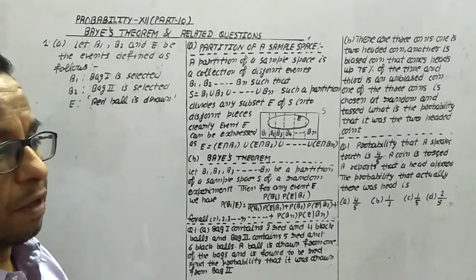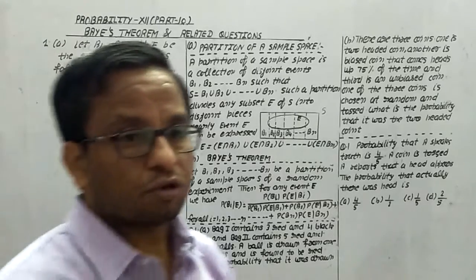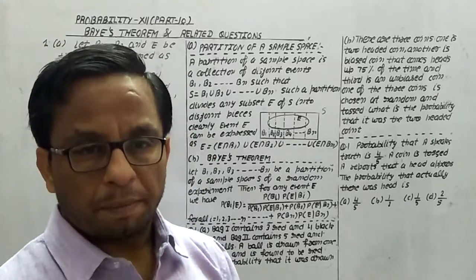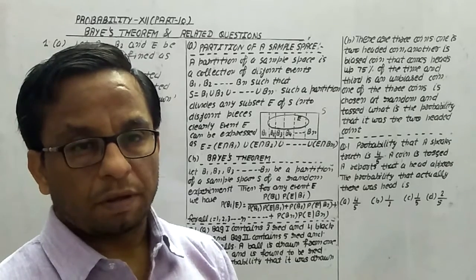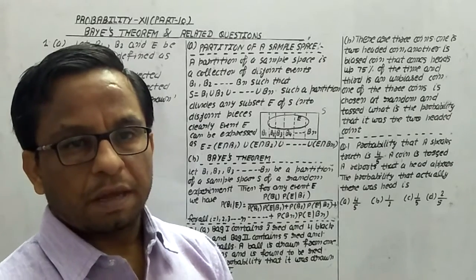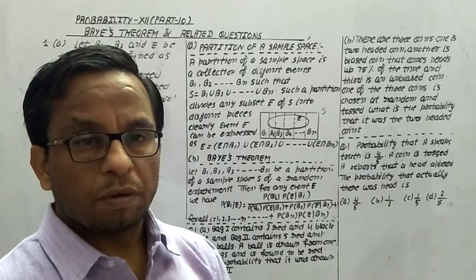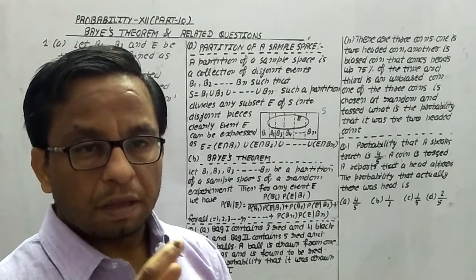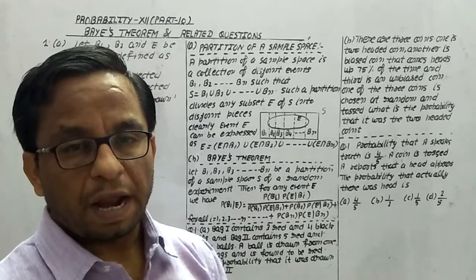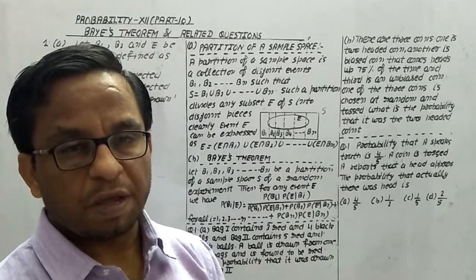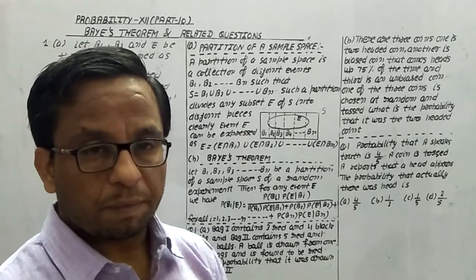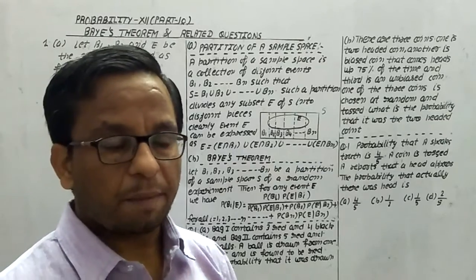In that part, we were doing probability of E is equal to probability of B1 into probability of E when B1 has already happened, plus probability of B2 into probability of E when B2 has already happened, and so on, plus probability of Bn into probability of E when Bn has already happened.